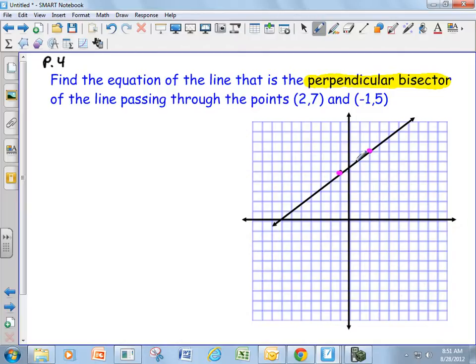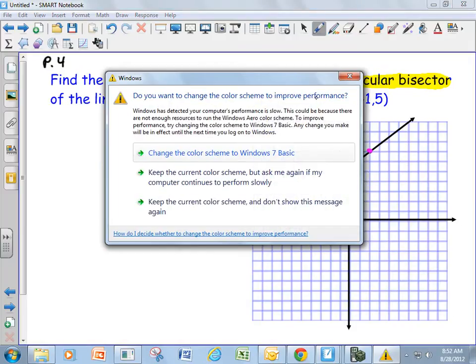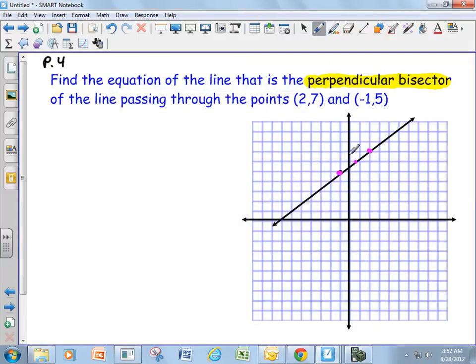So let's pretend the middle is about right here, and then perpendicular, approximately something like this. So folks, this is the equation we need to create for this line right here.